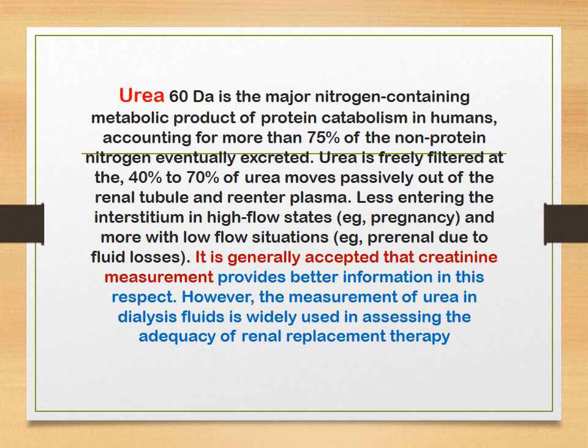So urea is not only the end product of protein and amino acid, but also of other non-protein nitrogenous compounds. Urea is freely filtered through the glomeruli, but the disadvantage is that around 40 to 70% of urea is reabsorbed again.